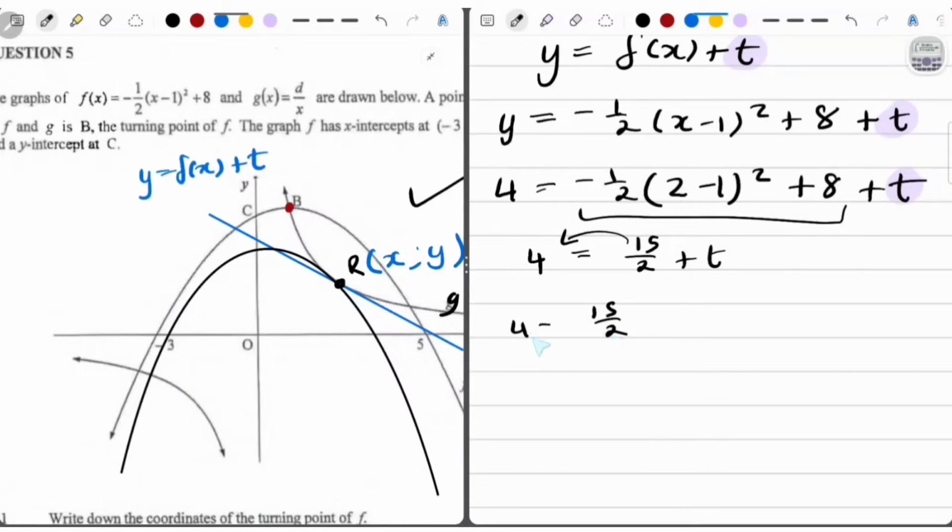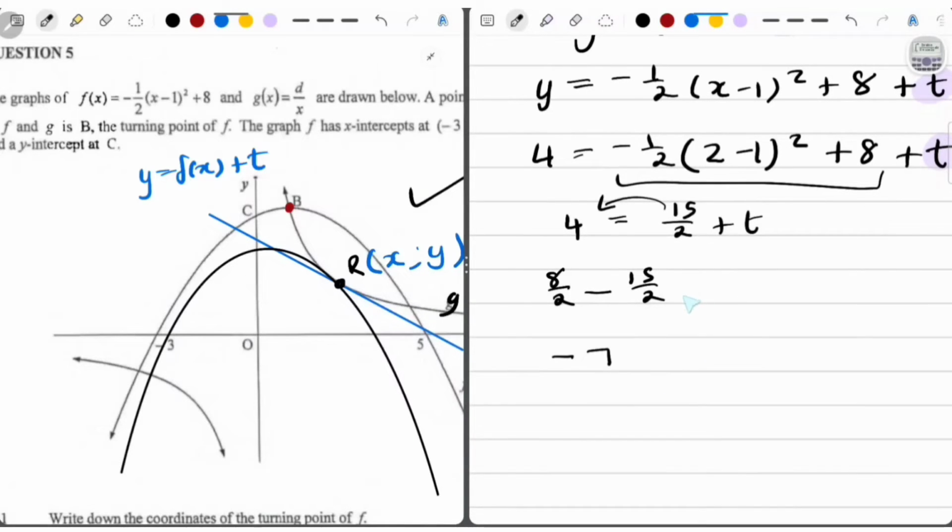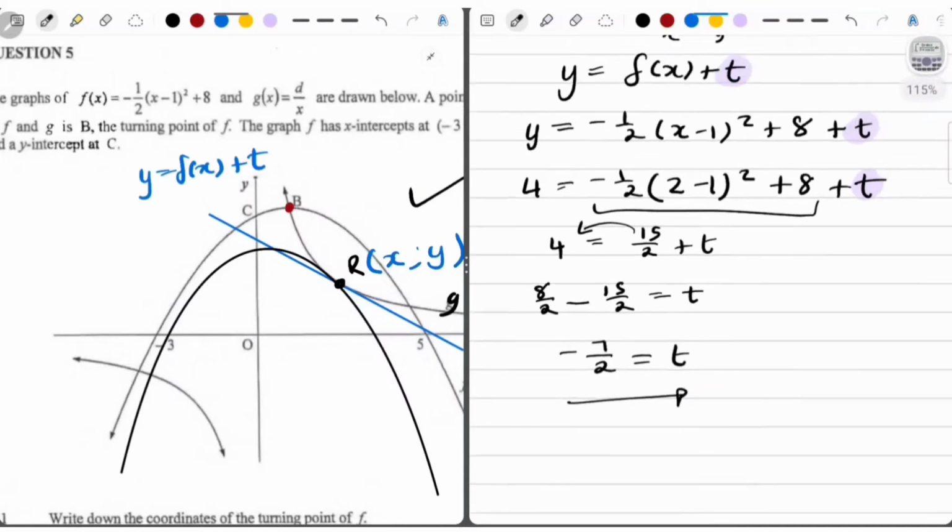You can use a calculator, but I can also express 4 as 8 over 2, so the denominators are the same. 8 minus 15 is negative 7. So negative 7 is equal to, we still have t there. And so this is now negative 7 over 2, because 8 minus 15 is negative 7 and the denominators stay the same. So there, that's the value of t.